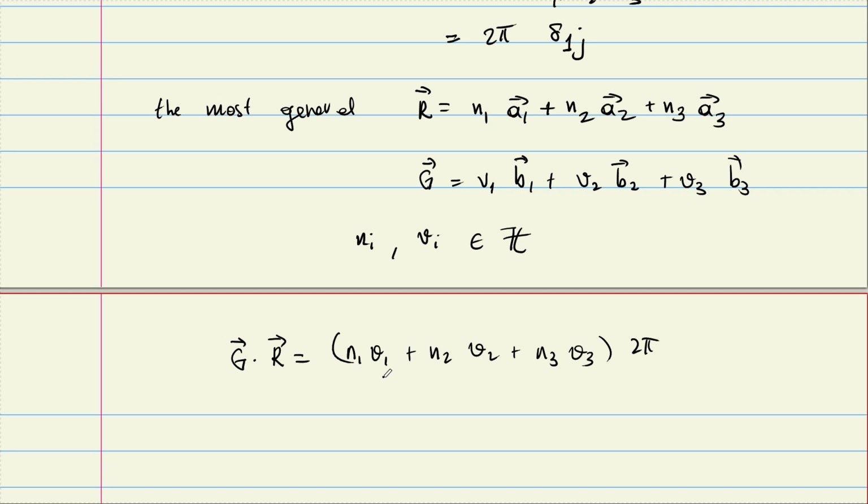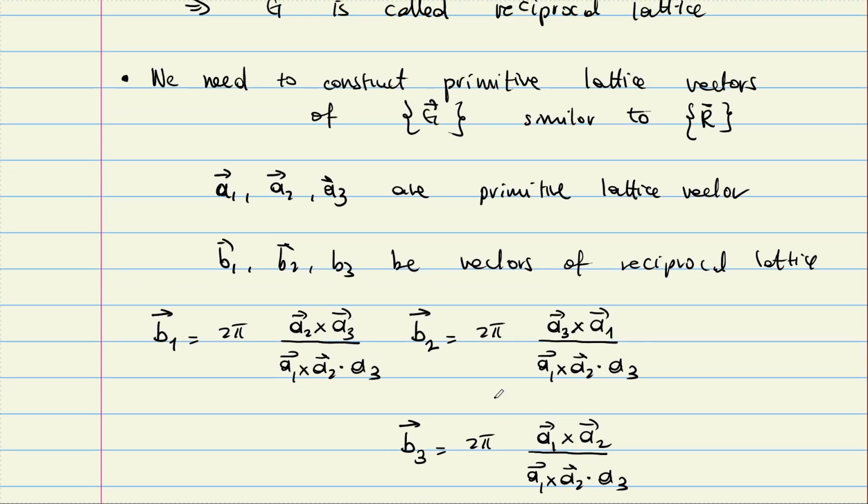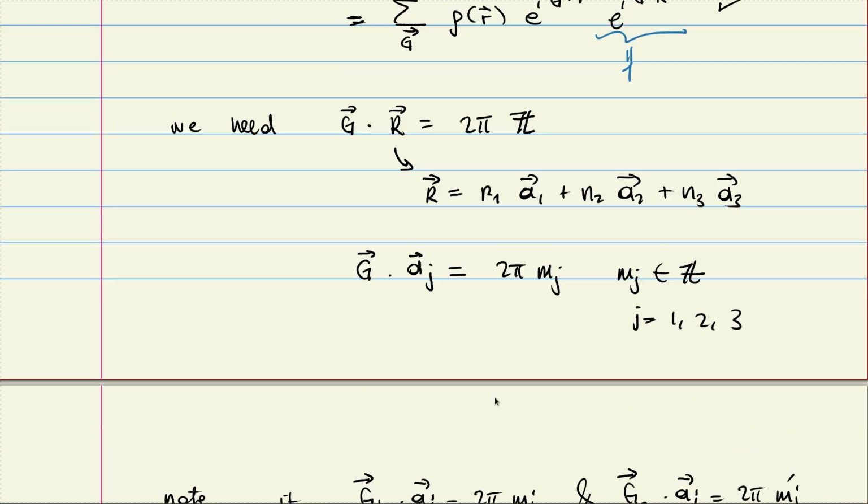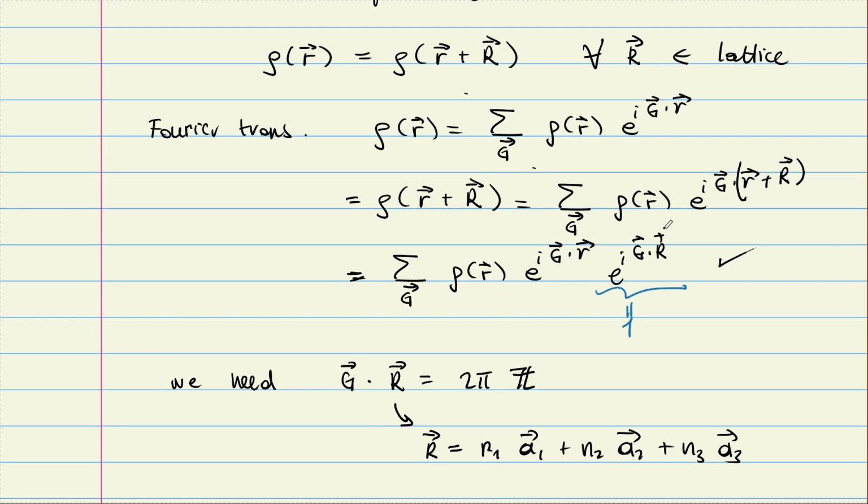But these are integers, and a product of integers is also an integer, and a sum of integers is also an integer, so this entire thing is an integer. Then the condition that we required in the beginning is satisfied.